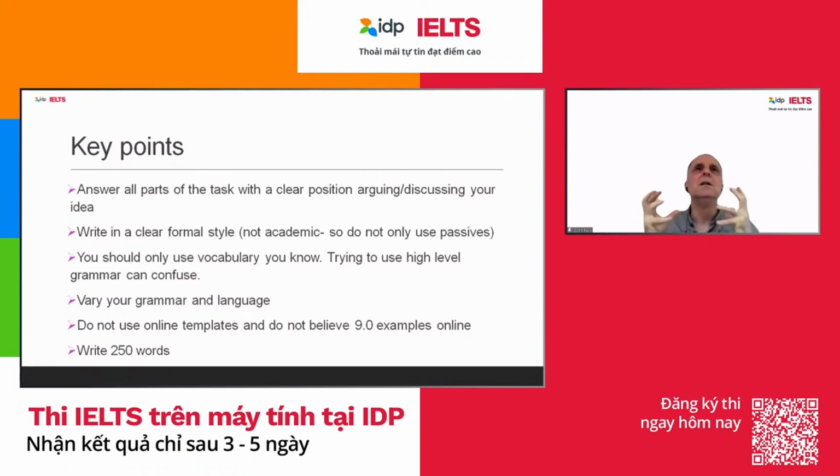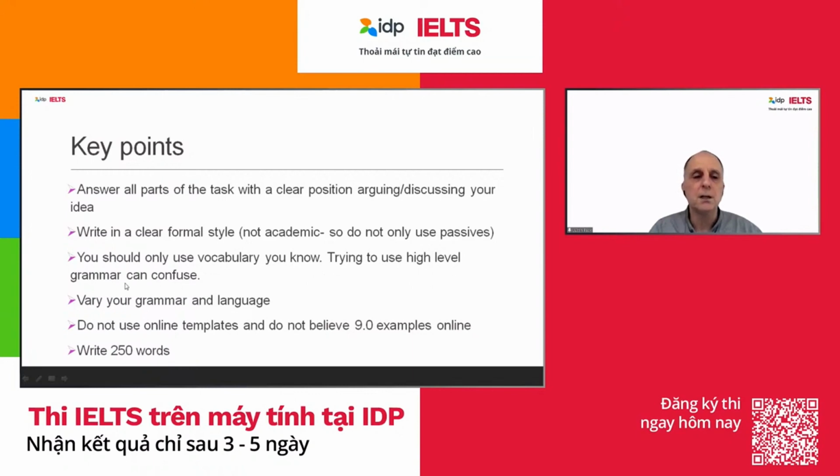We can use some passives, of course, but don't just stay in passives. It does need to be formal, but IELTS task 2 is semi-formal to formal style, but not totally formal, like referencing, etc.